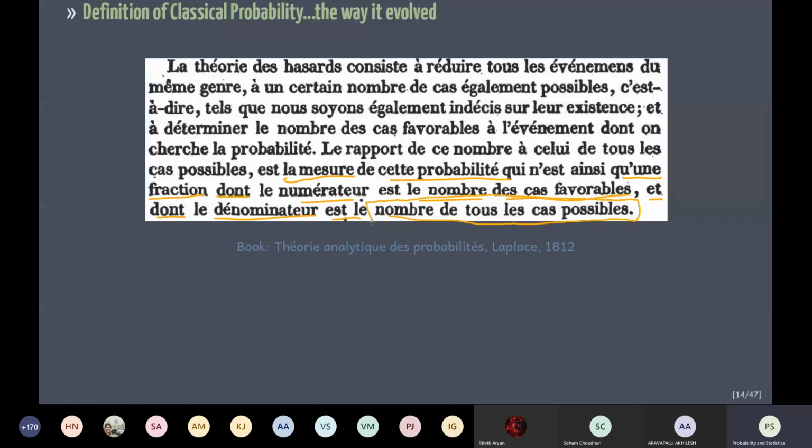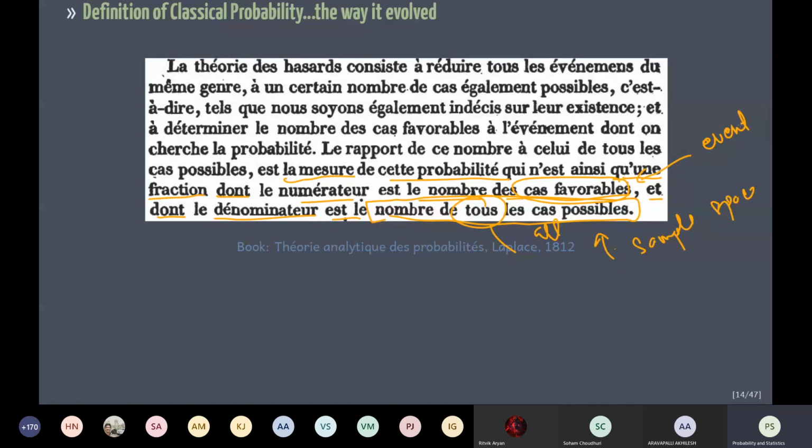So this is where we trace how he defined it. This means all the possible cases, and then we have the favorable cases. So this is the event we are talking about, right? And this is the sample space. So this is the sample space, and this is the event.